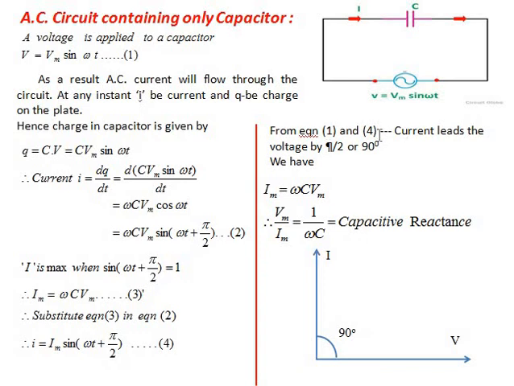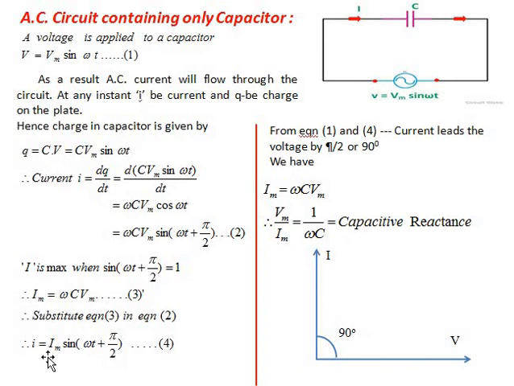Now from equation 1 and 4, current leads the voltage by pi by 2 or 90 degrees. From equation 1, V is equal to Vm sin omega t, it is only sin omega t. And when you take equation 4 and compare, it is not sin omega t, it is omega t plus pi by 2.